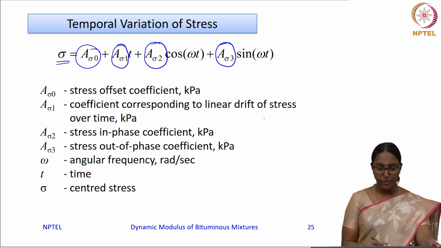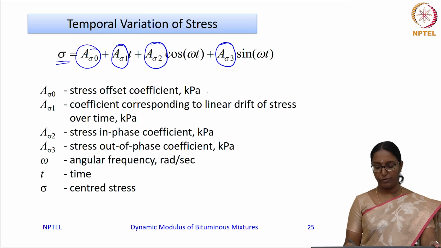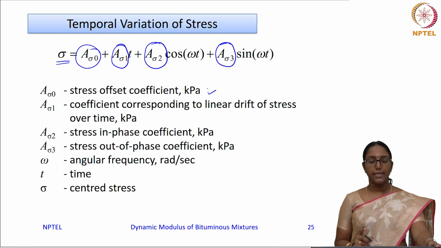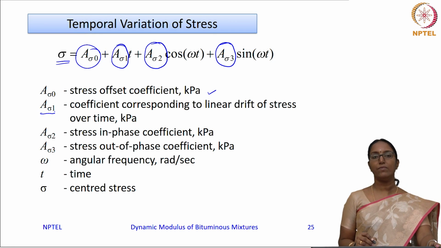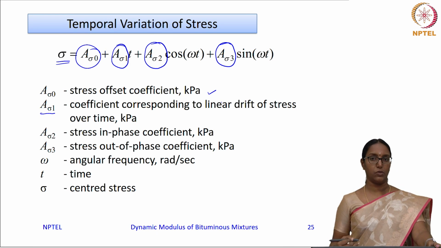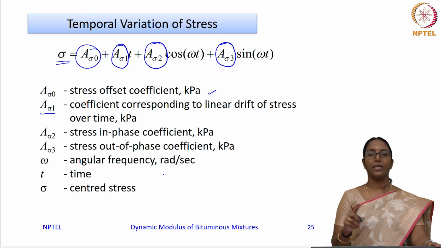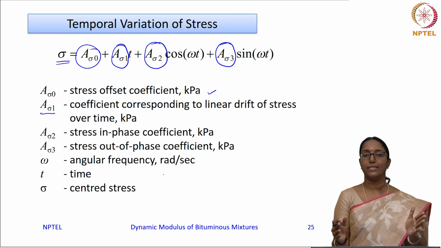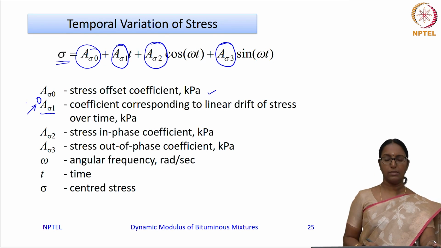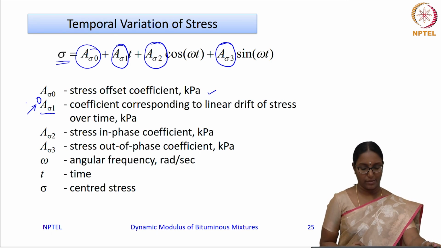Now, of this, A sigma 0 is the first coefficient, which represents the stress offset coefficient, as we have seen when we decompose this stress wave. The second one is A sigma 1, which corresponds to the linear drift of stress. Normally we apply the load for 10 cycles, and we see that it is mostly constant, so this term essentially goes to 0, but since we want a similar expression for strain as well, it is kept there as such.